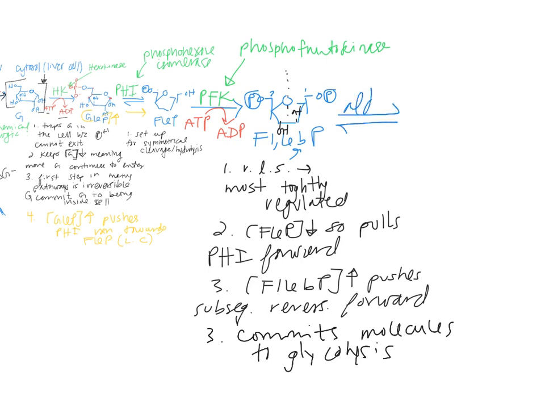Okay, so from here, there's that breakage, or the cleavage of the molecule in half, by an aldolase. And what we get are 2 3-carbon molecules. One of them is DHAP, and the other one is G3P.